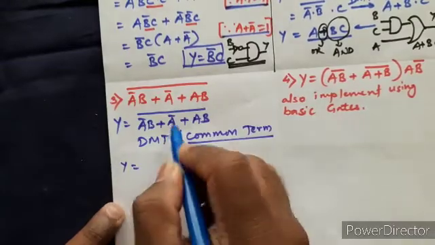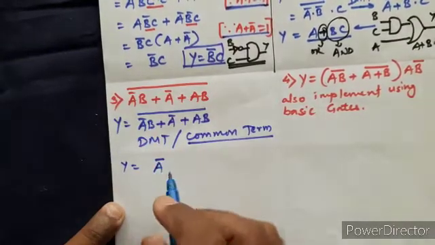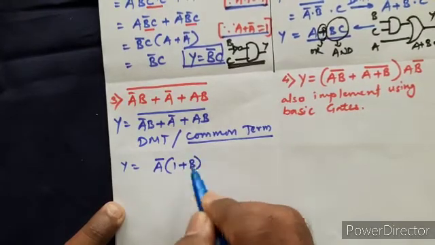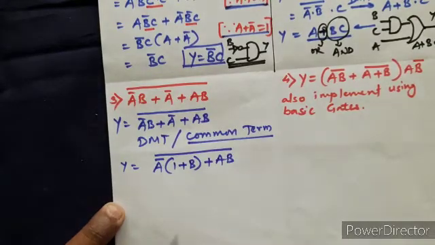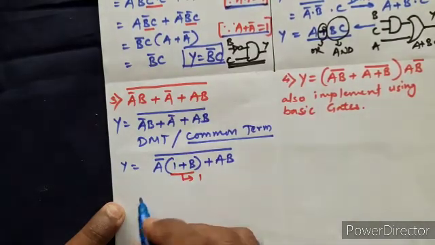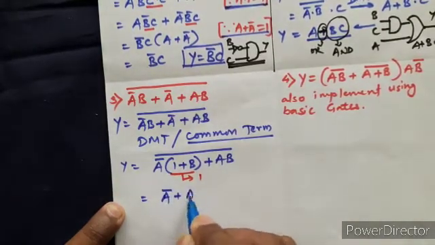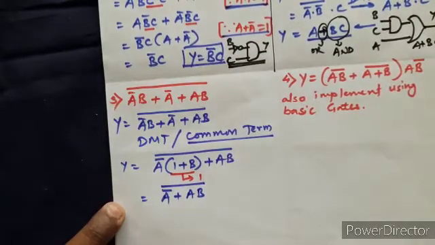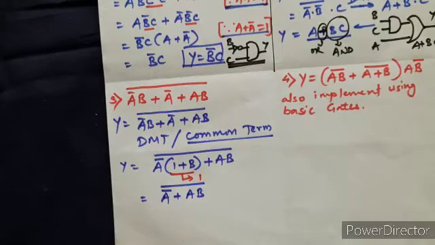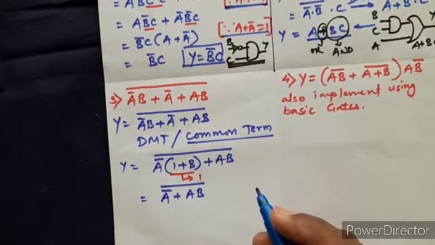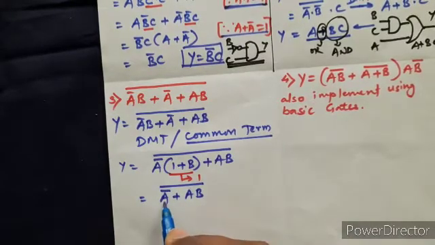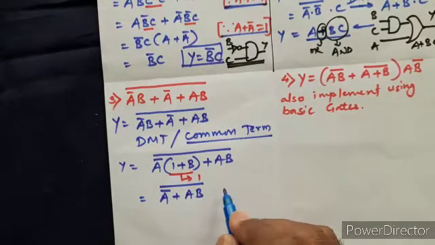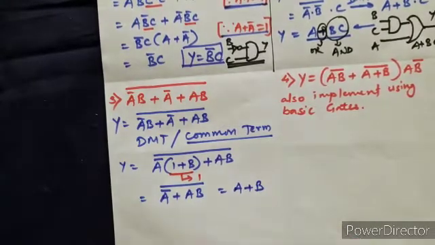So taking common, Y equals, here if you see A bar is common, this becomes 1 plus B plus AB whole bar, right? Now according to ORing laws, 1 plus B is 1, so this becomes A bar plus AB whole bar. Now we have one more law here, that A bar plus AB is equal to A plus B, right?